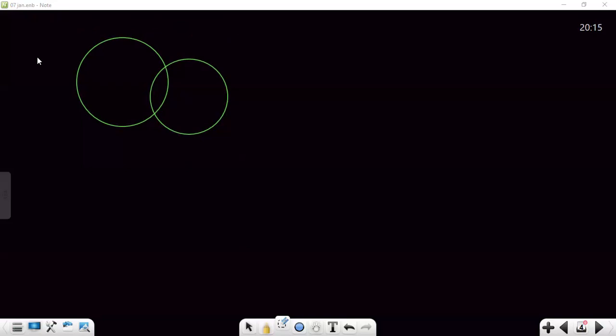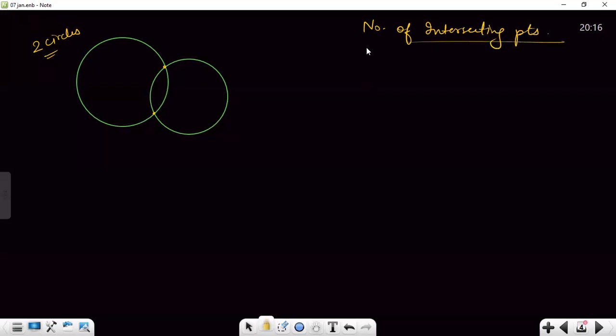But normally when there are 2 circles which are not coinciding with each other, how many intersecting points are there? 1 and 2. So we'll write here number of intersecting points.